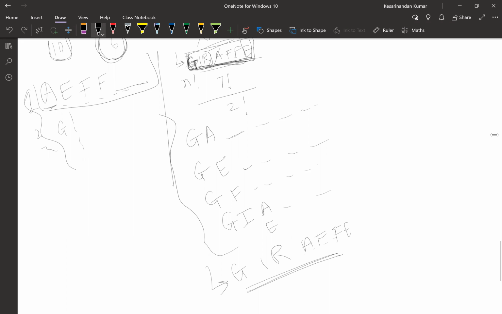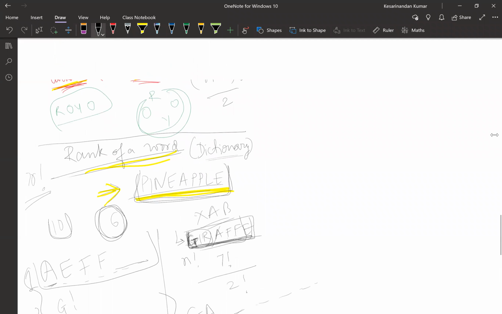Okay, perfect, great. And guys, I know this is a bigger question and it's quite time consuming. So what I'll be doing is you guys take this question for today as homework, and I want you to DM me the answer. I want the photographic solution. Send me a photo of the solution that you solve of this word, pineapple.